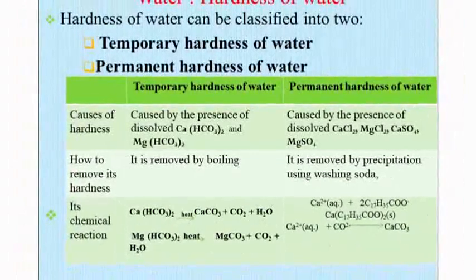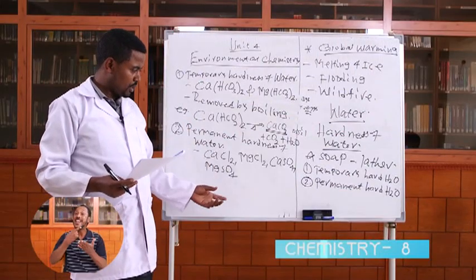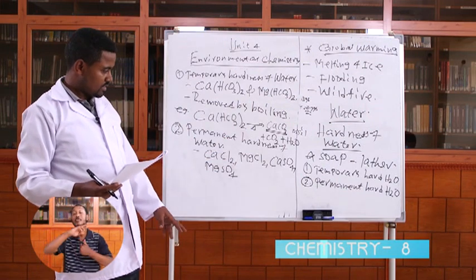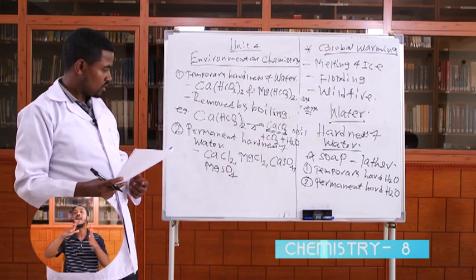This permanent hardness of water occurs due to the presence of calcium chloride, magnesium chloride, calcium sulfate, and magnesium sulfate. The presence of these calcium and magnesium chlorides and sulfates makes the permanent hardness of water.